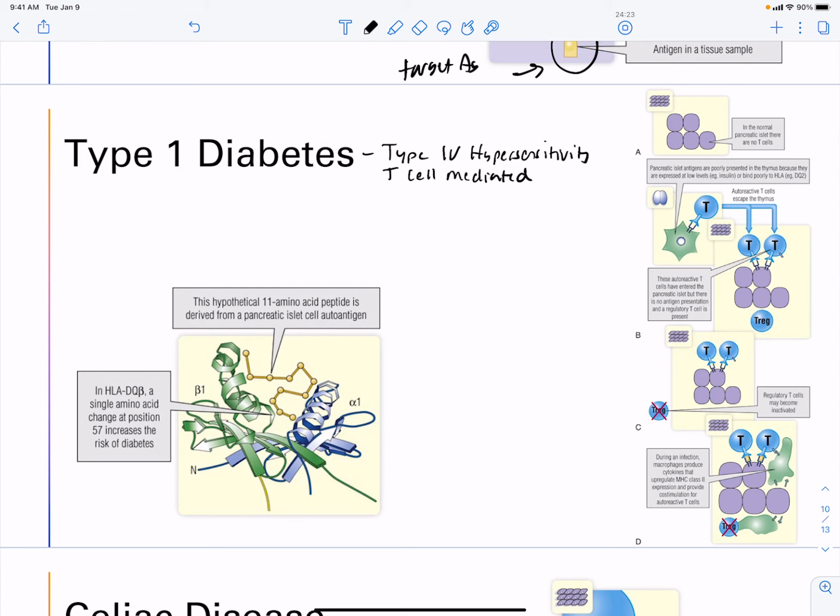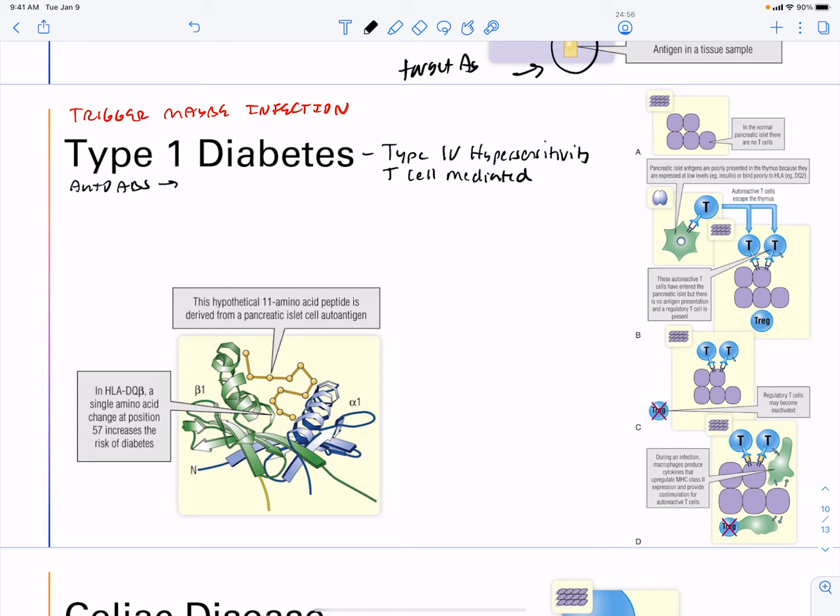Now, the trigger for this can be an infection. And you have autoantibodies that are going to be used for diagnosis, but are not really needed for, or the cause of, the disease.